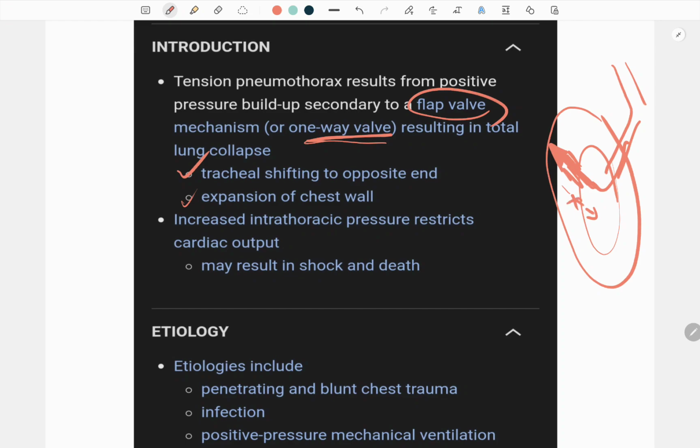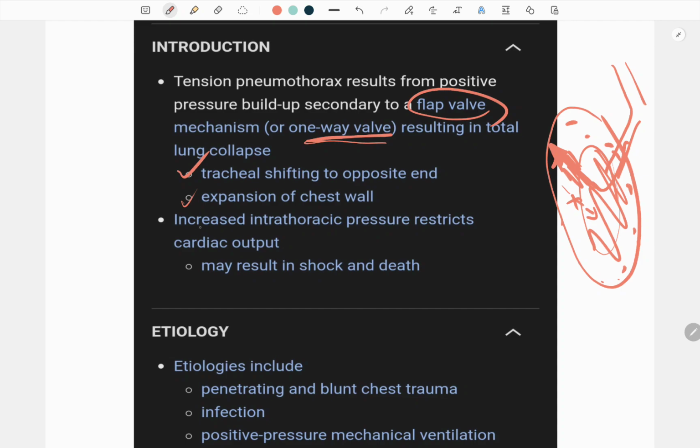So it is a one-way valve where there will be air moving into the pleural space from the lungs and not coming back, and that will cause the collapse of the lung because of the pressure that is building up in the pleural space. So there will be expansion of the chest wall, tracheal deviation to the opposite side.